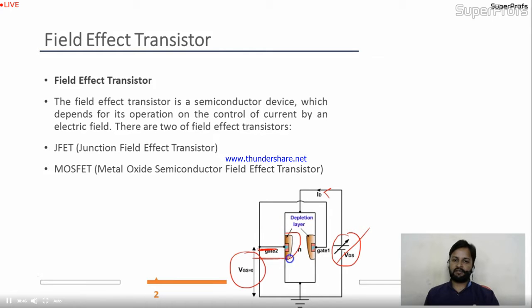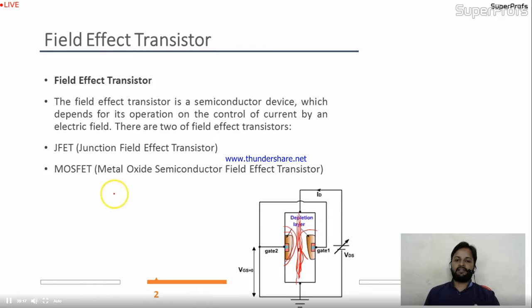This depletion layer will increase. If it increases, it will create some obstacle in the path of current. So current will definitely be controlled now. If initially you don't have any depletion width over here, the electrons are free to move from D to S, so they are creating current. But once the depletion layers are pinched off, the current will become constant in the circuit.